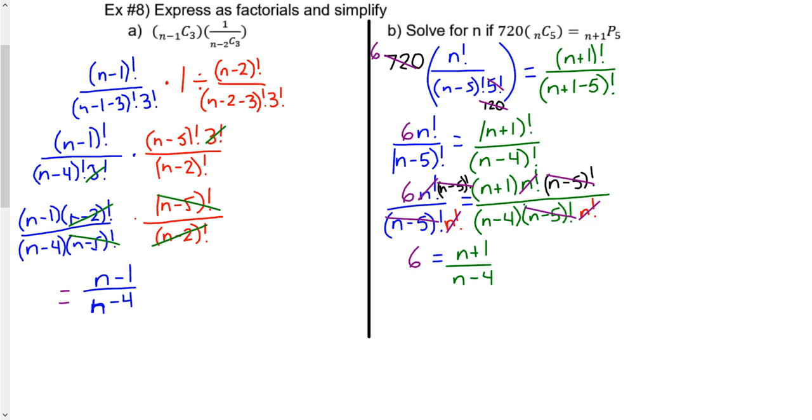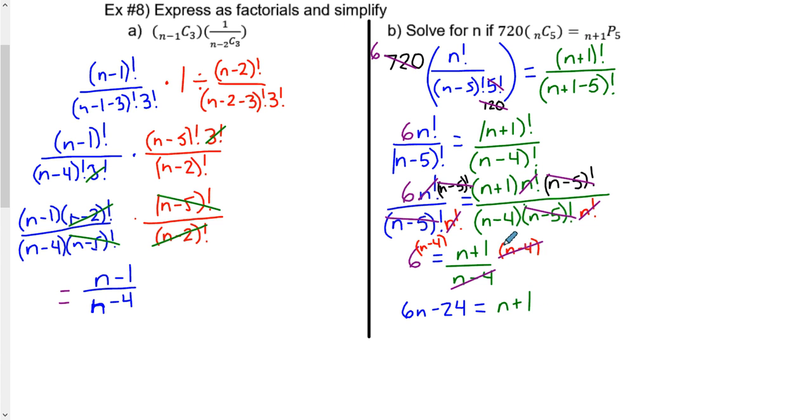And now we just go back to our rational equation, rational function stuff to solve. Get rid of our denominator, which means multiplying both sides by an n minus 4. Make our life easier. Sorry, we'll cancel that off first. Make our life easier by distributing to get a 6n minus 24 equals an n plus 1.